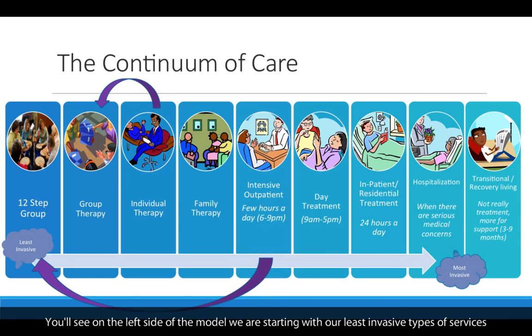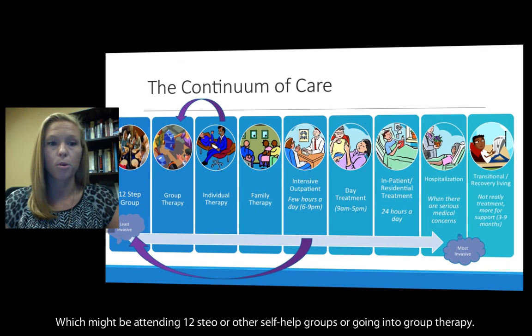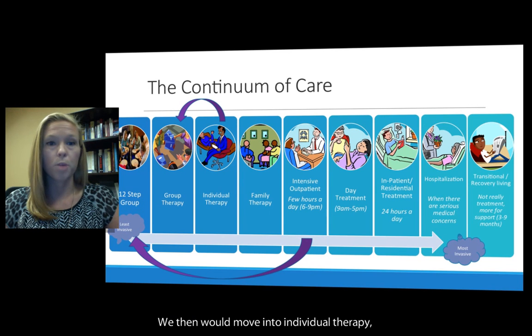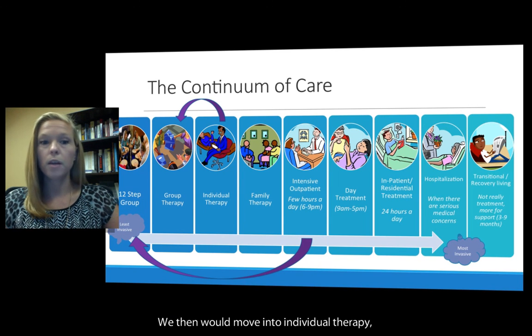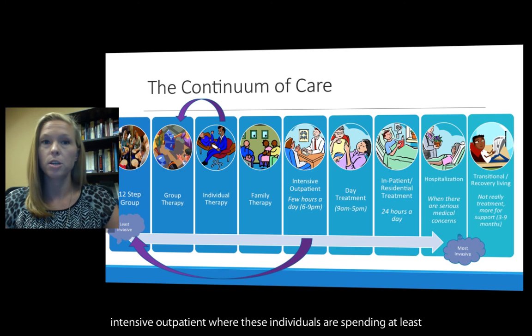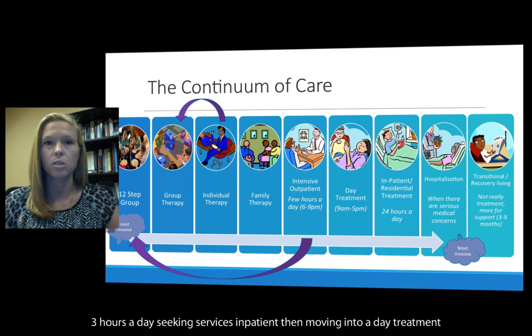So you'll see on the left side of the model, we're starting with our least invasive types of services, which might be attending 12-step groups or other self-help groups, or going into group therapy. We then would move into individual therapy, family therapy options, and getting a little bit more intensive treatment would be intensive outpatient, where these individuals are spending at least 3 hours a day seeking services.